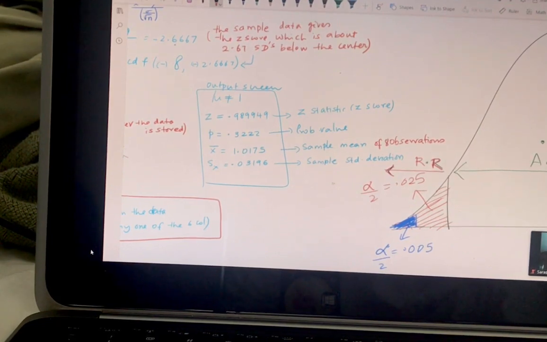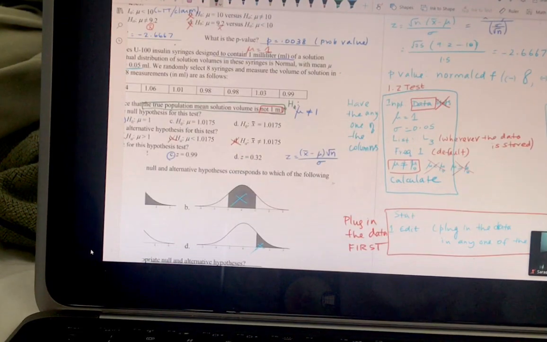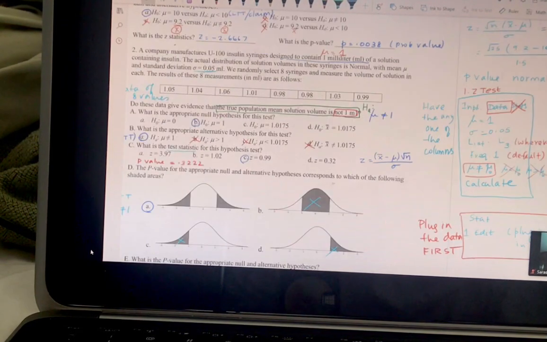Okay. So this is how we use the TI to get your Z value. The Z value is the Z-score, which is 0.99. That Z-score is well within my 2 standard deviations, which is negative 1.96 to positive 1.96.